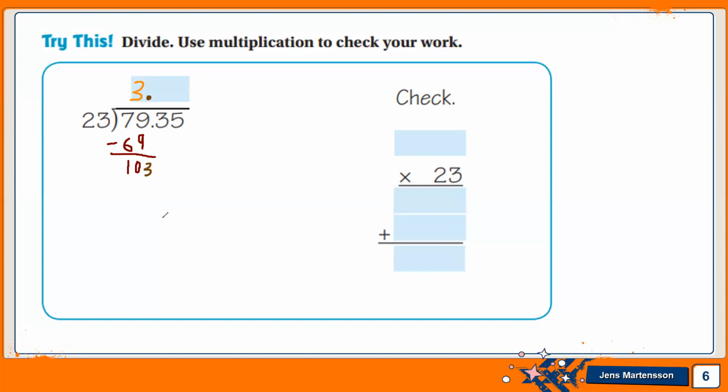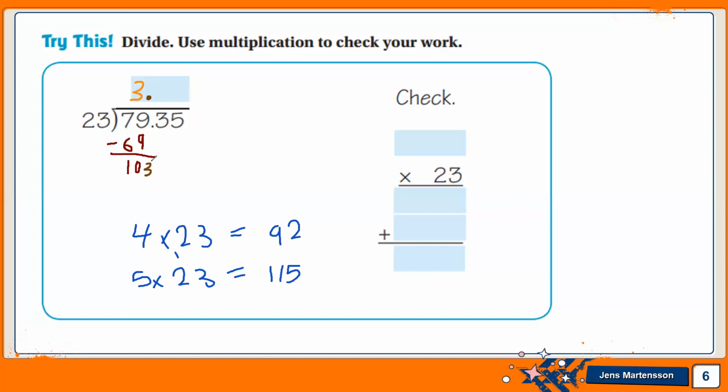Now, Nuralina. Yes, Nuralina. Yalla, now 103. You will ask yourself now, how many 23 are in 103? Let's continue. We said before that 4 times 23 is 92, and 5 times 23 is 115.